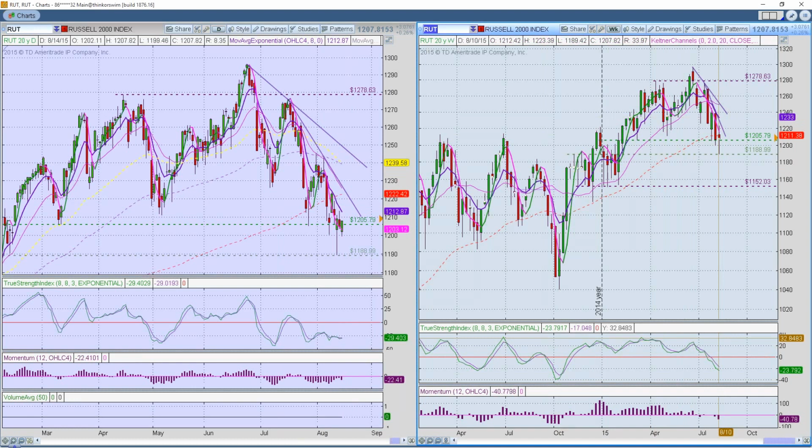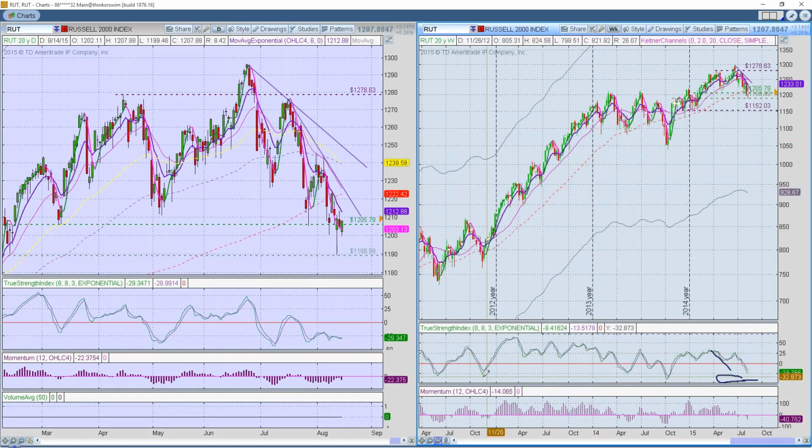The falling off of the true strength on the weekly has continued to fall off, and if we go back several months, we'll see that typically between the minus 40 and the minus 50 on this particular indices is typically where they tend to turn back around.